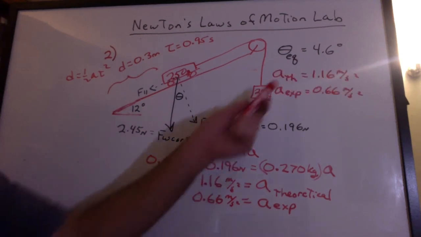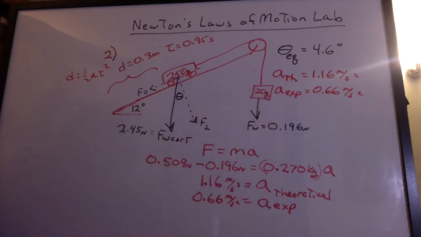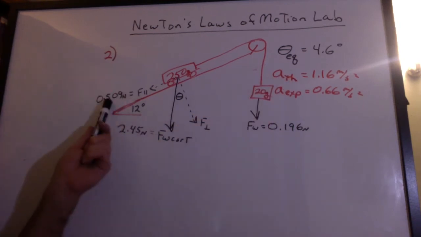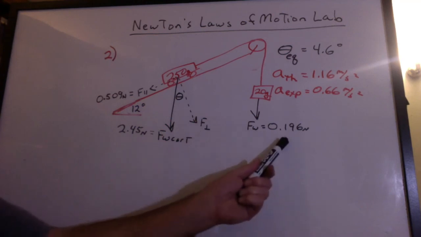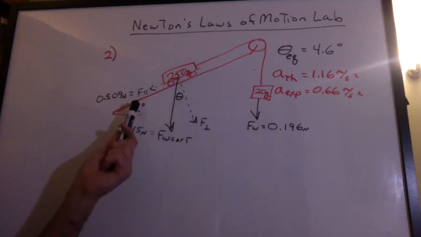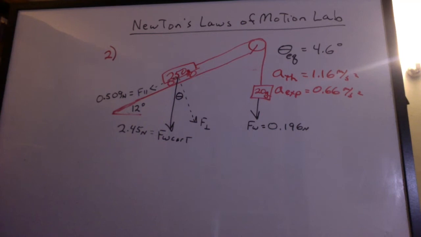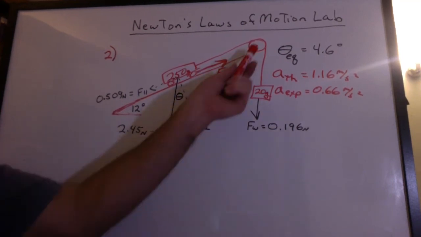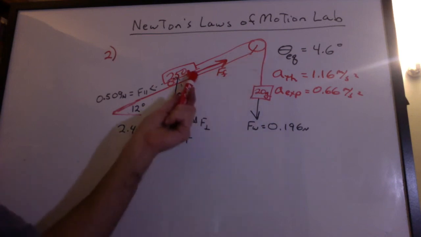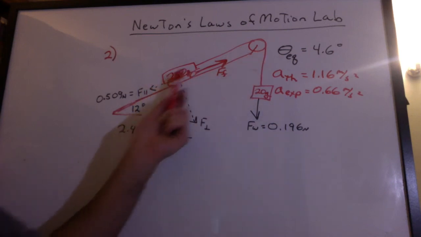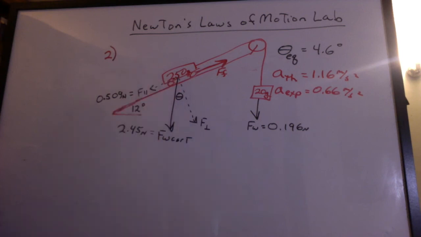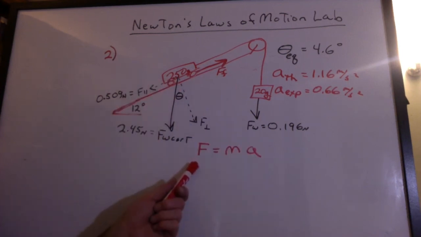We'll keep the values up here and tackle the friction. So we saw that this force was bigger than this force, making the cart go downhill. So the friction is going to have to go up the hill. Now there's going to be some friction in the pulley, but again, I think most of it's in the wheels. We're going to ascribe the friction to be at the cart. How do I handle the forces?